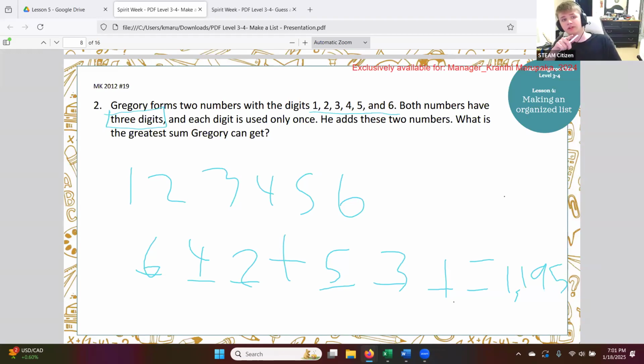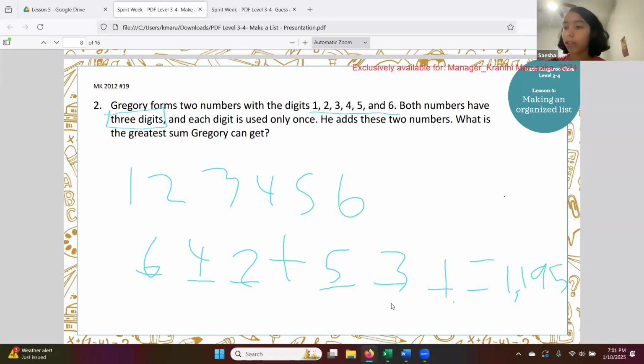Did anyone come up with a different answer that they would like to share? Just 1 second before we move on. Ethan, how did you do your addition again? Do 642 plus 531, please, Ethan.